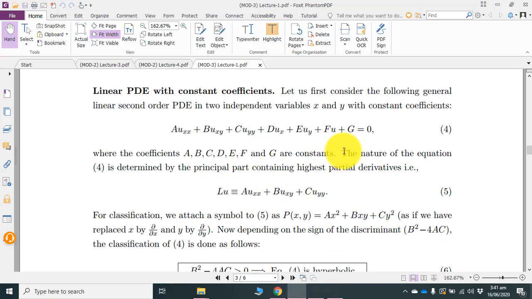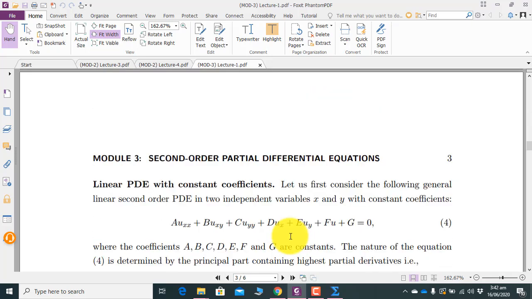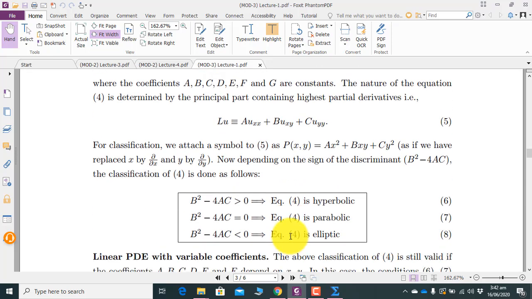So the nature of equation 4, or I mean to say the properties or classification of equation 4, depends upon the coefficients or this operator. I have written this as an operator, and you can classify this equation as hyperbolic, parabolic, or elliptic, similar to the polynomial equation. So for classification we attach a symbol to 5 as p of x y equal to this.